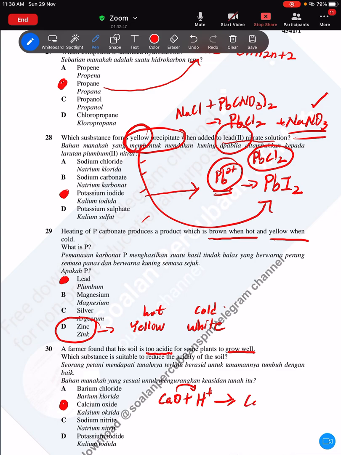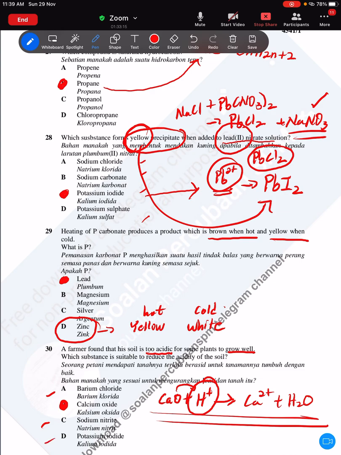It becomes Ca2+ and H2O. Indirectly, you are decreasing the concentration of the hydrogen ion in the soil. When you decrease the hydrogen ion in the soil, it becomes neutral. That's why we add calcium oxide. The remaining, A, C, D, if you look a step closer, actually form acids. They will increase the acidity. We don't want that. That's why we choose calcium oxide.